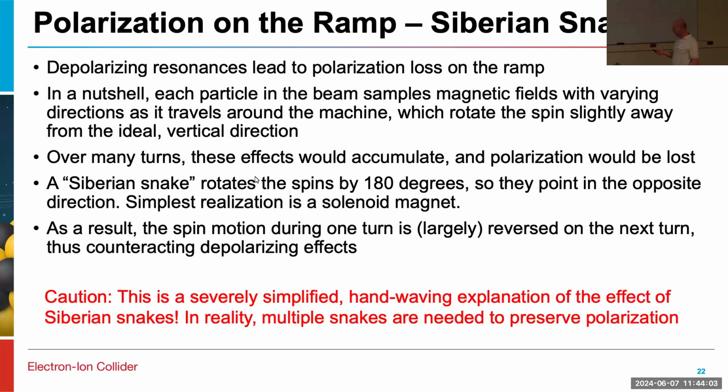And my polarization is preserved. My spins do not get tilted away from the vertical. But this is really simplified. In reality, you need several Siberian snakes in a machine, and then it gets complicated. But this is, in a nutshell, an explanation of how the Siberian snake works.